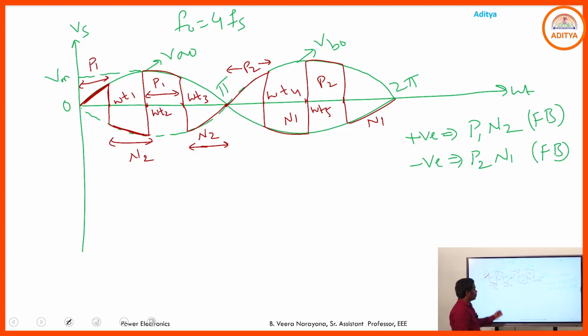Clear? So this is the simple representation of output voltage waveform for F0 is equal to 4Fs.